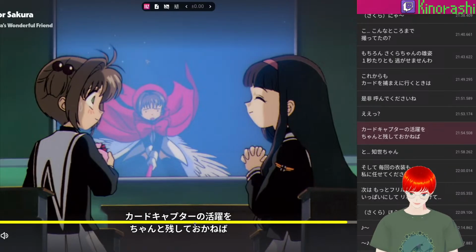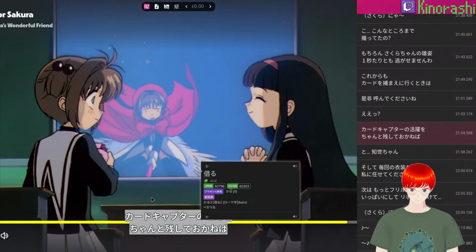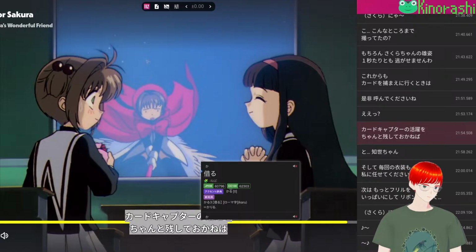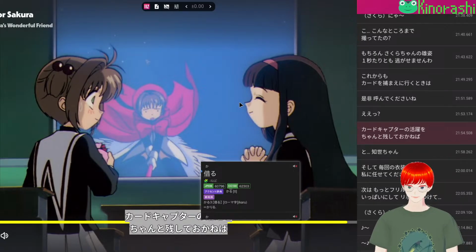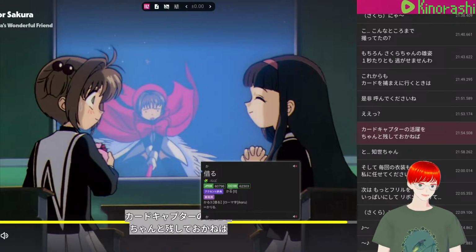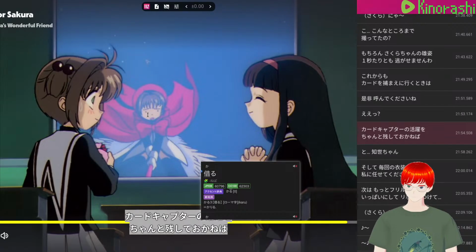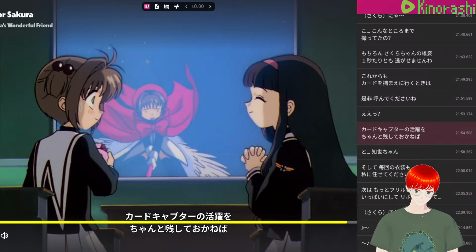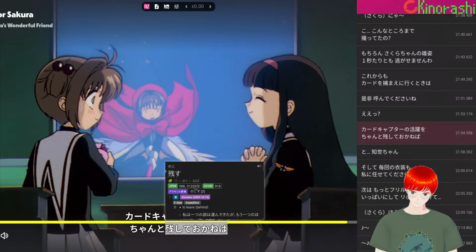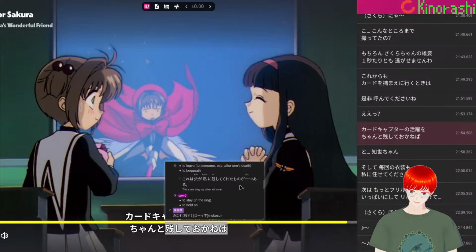Well, I have to. In other words, I have to not leave behind card captor activities, or let's see what that translates to. I must properly document card captor's exploits. So does this have a document meaning to it?